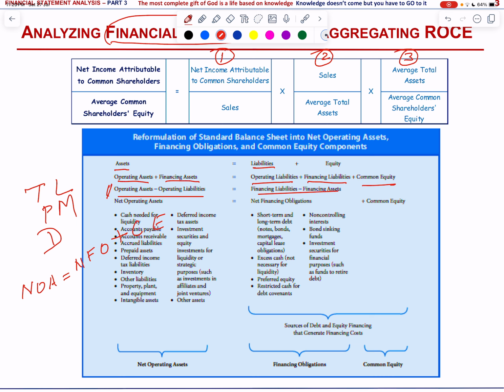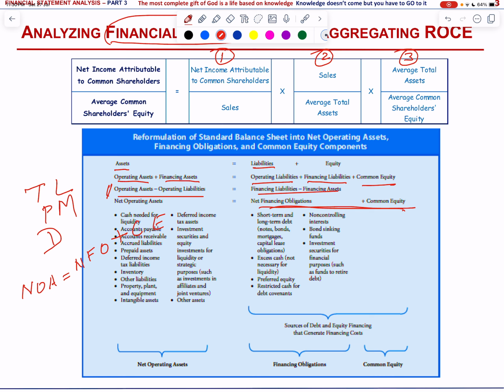These include financing liabilities, financing assets, and common equity on the right hand side of the equation. As already stated, non controlling interest and preferred equity are categorized under financing obligations separate from common equity. So, while these adjustments alter totals compared to traditional balance sheets, the equation remains balanced.